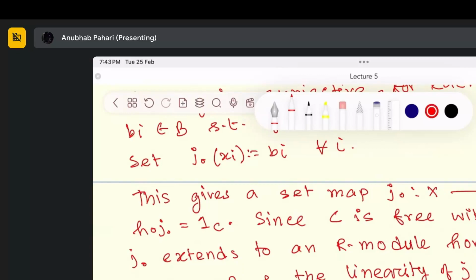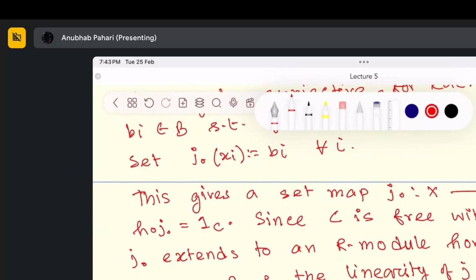Then g of b minus J of g of b equals g of b minus g of J of g of b, which equals g of b minus g of b, which is 0.